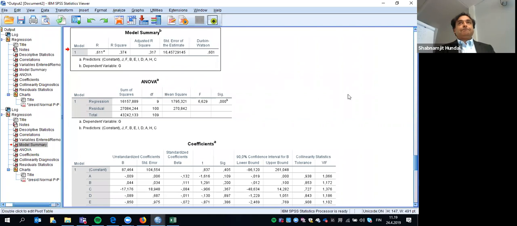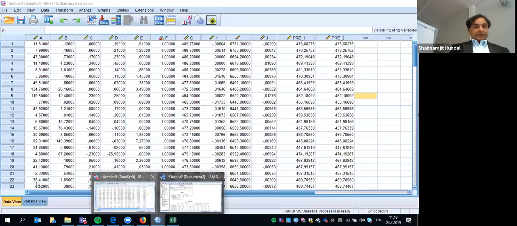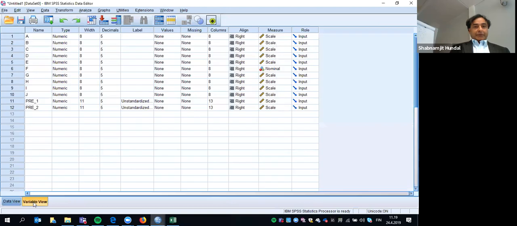Yeah. Make sense? So quick recap. You have the data in Excel. You transfer this data to SPSS. Okay. Data view, and the variable view. I strongly recommend that you must increase decimals if you have some data in decimals.